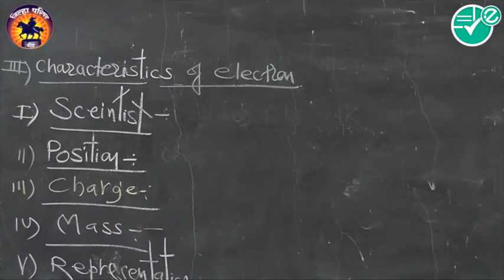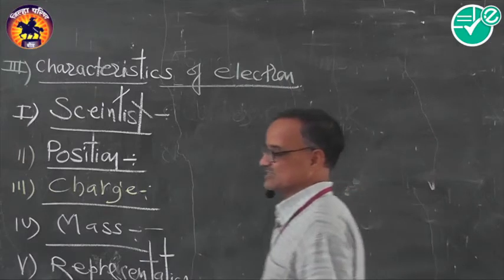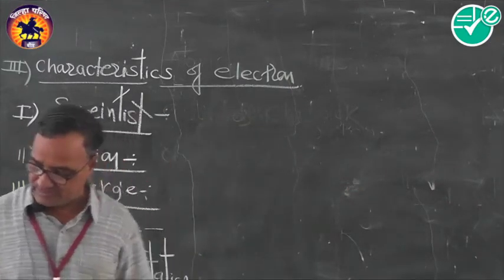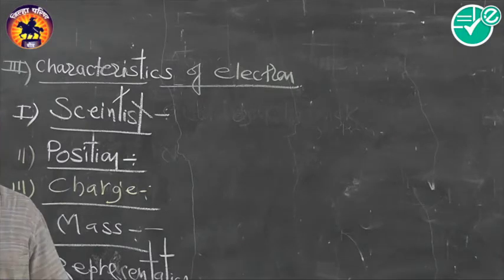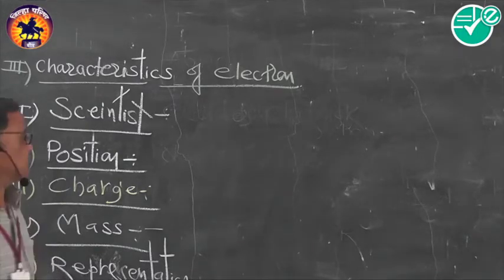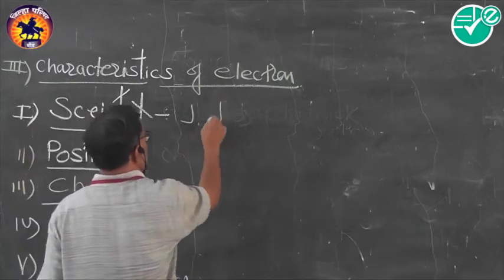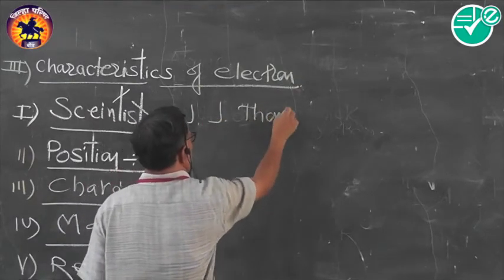The scientist who discovered the electron, the lightest particle compared to proton and neutron, is J.J. Thomson.